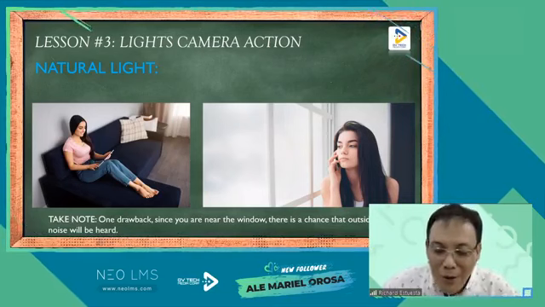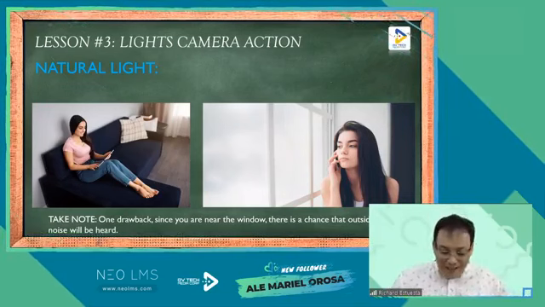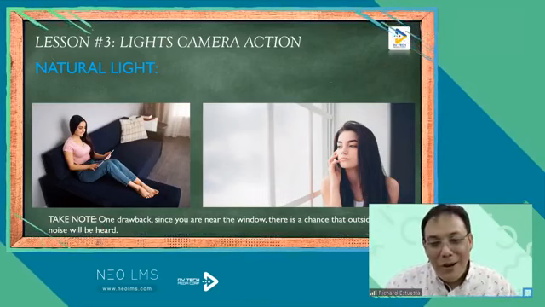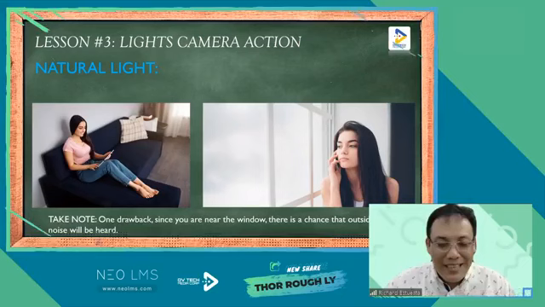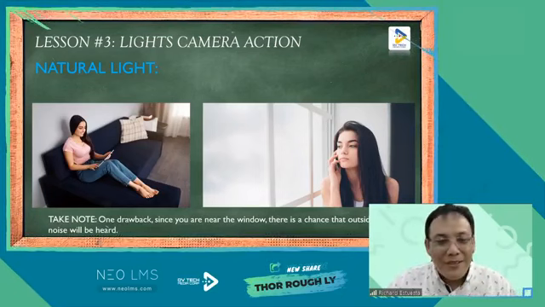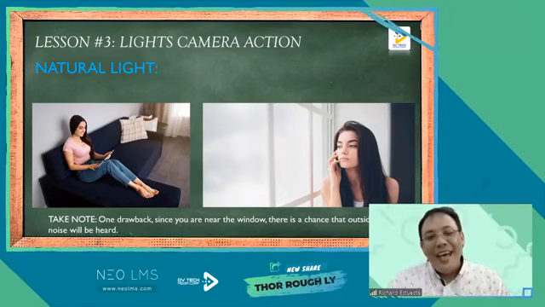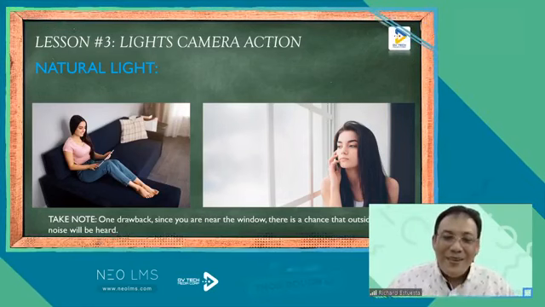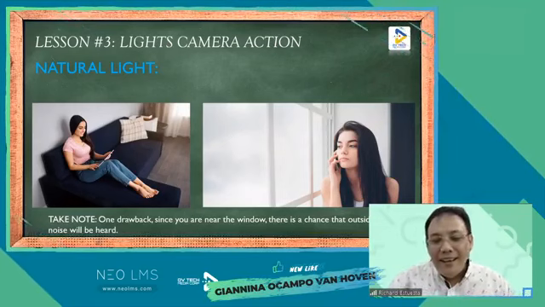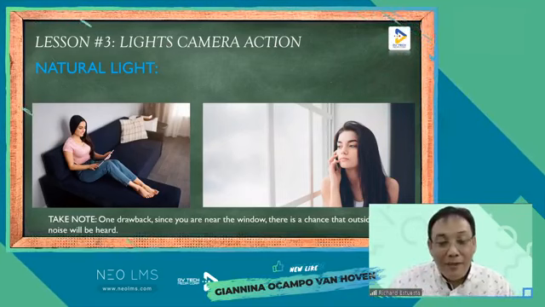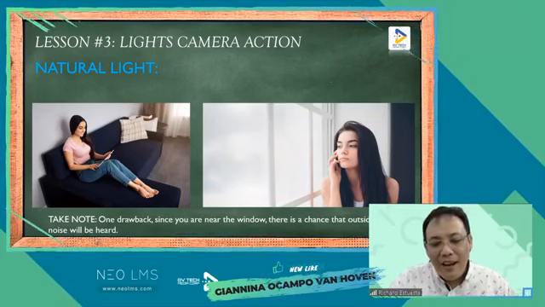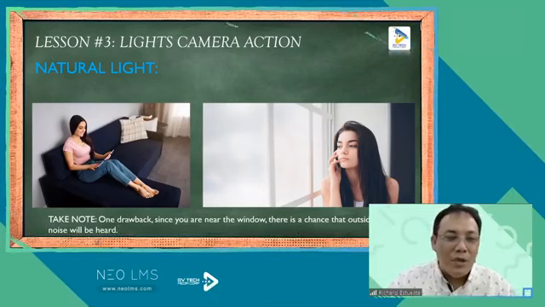But take note, one drawback is that if you are near a window, obviously that means you're beside a place where there can be some possible noise happening, like the streets, or an area where kids would be playing. So again, yes, it is great to have natural light, but the problem is sometimes windows are always near a certain area that would have some source of noise.